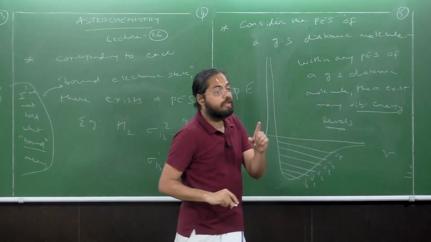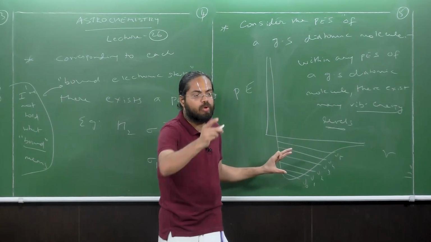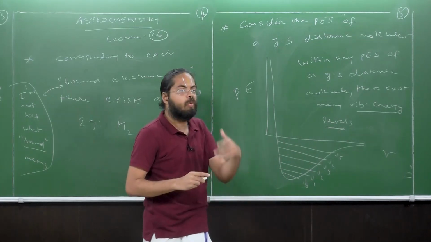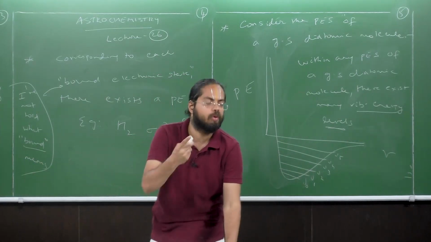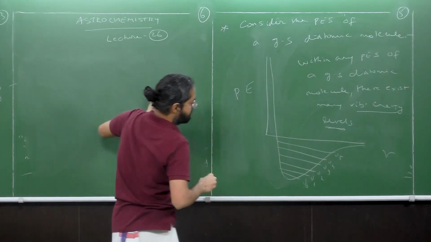And is it just vibration? It's also rotation, okay? But in this figure, I have only shown the vibration energy levels. What about the rotation energy levels? Well, let me call this page 6, okay?